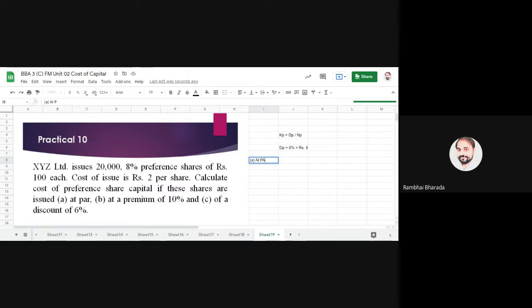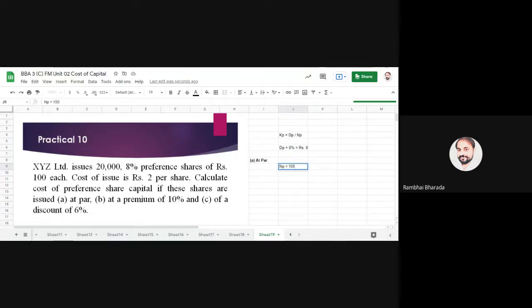Now option A, at par. At par means here Np is equal to face value plus premium minus discount if we have, minus issue expenses. So face value is how many? 100, write down the 100.